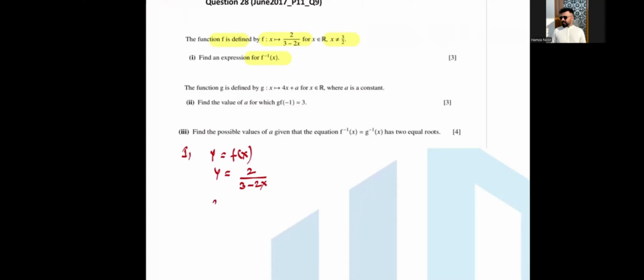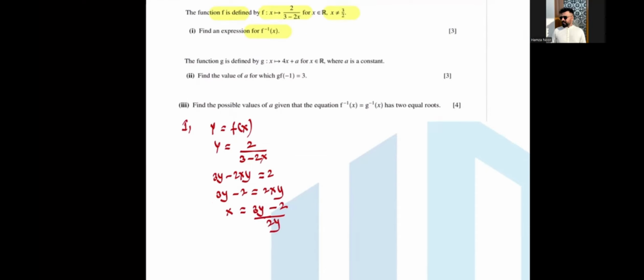So 3y minus 2xy is equal to 2. And now I'm going to keep x on one side and the terms other than x on the other side. So 3y minus 2 is equal to 2xy. So x is equal to (3y minus 2) completely divided by 2y.